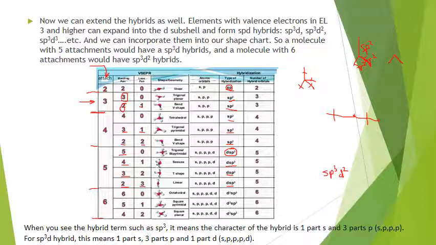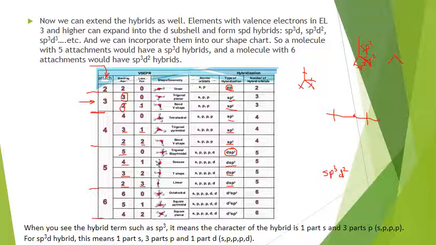The way I kind of think of it is it's one s and three p's, so combined together in one orbital. So 1 plus 3 is 4. So 4 connections, 4 attachments. These have 5 connections. Okay, so that's kind of a way to remember it.